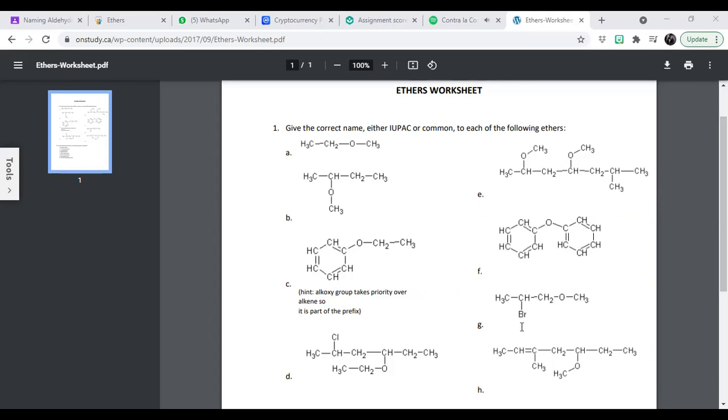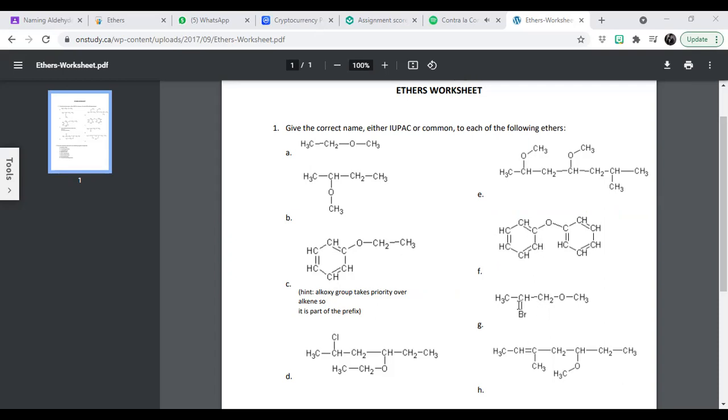All right, I decided to delete it because you will name this by yourself as a homework. So what is this? Romeo sent me an answer to this and he's telling me 2-bromo 4-oxypentane. Oh no, we have to check that. Actually, this is going to be your carbon number 1.